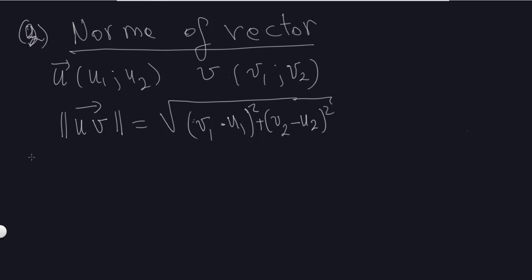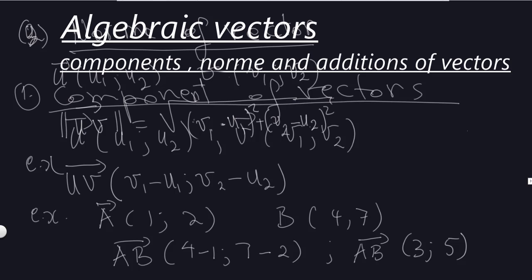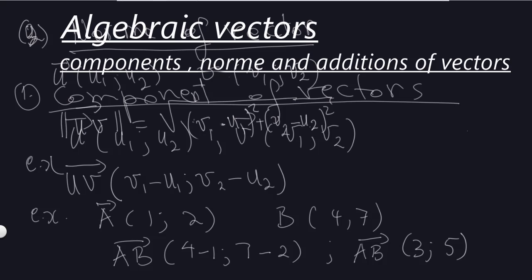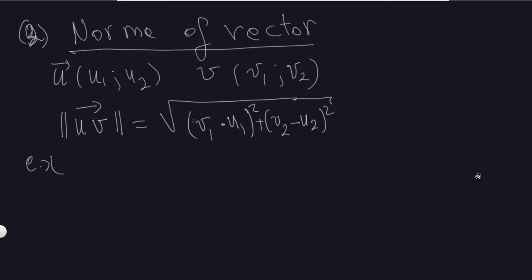Or a very simple way to do it, I want to give you an example. If we look at the question that we have, the vector that we have, the component of a vector that we have here.